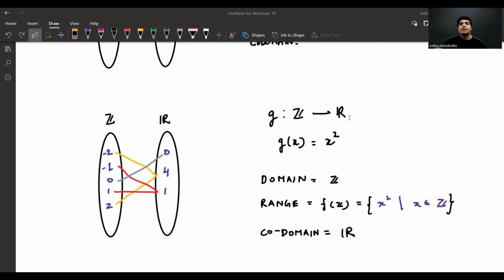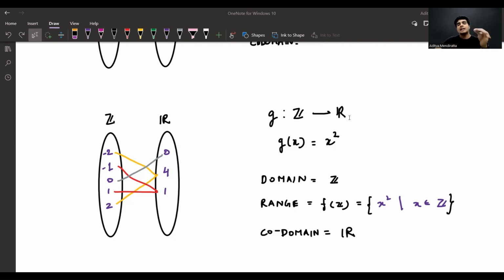But what if we add this condition to our functions that no element in the range set can have more than one pre-image in the domain? That means that every element of the range will have a unique pre-image in the domain set.